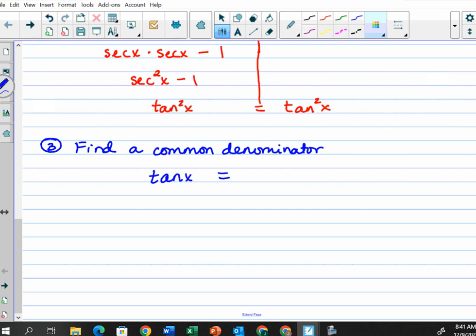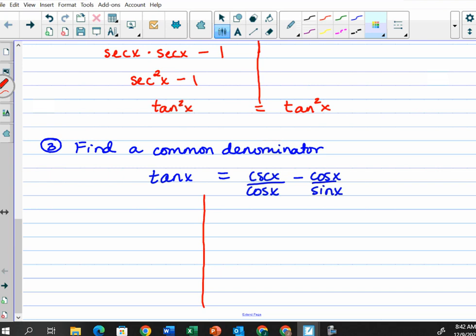All right, tangent of x equals cosecant of x over cosine of x minus cosine of x over sine of x. Hey guys, I've just been picking the side for you. Which side do you think we want to work on this time? The right. It's usually the side with more stuff that you want to work on.